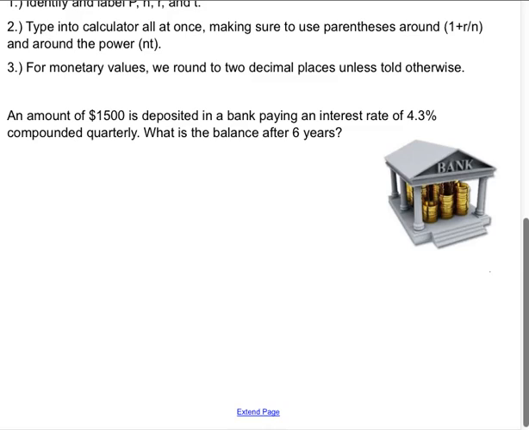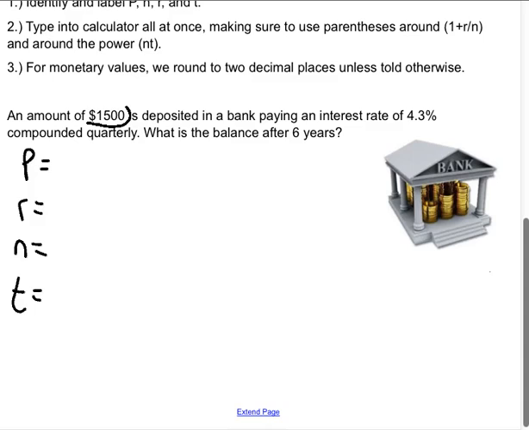An amount of $1,500 is deposited in a bank paying an interest rate of 4.3% compounded quarterly. What is the balance after 6 years? All right, so we need to find each of those pieces. This time there are a couple more pieces that we're having to find, but they're pretty easy to pick out.